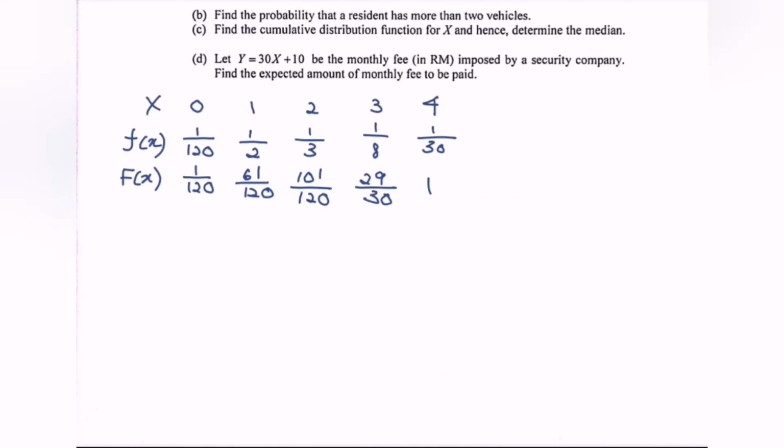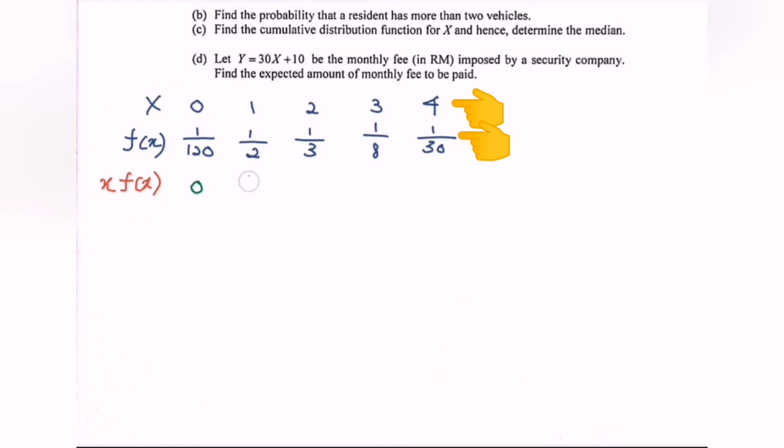D. Let y equal 30x plus 10 be the monthly fee in RM imposed by a security company. Find the expected amount of the monthly fee to be paid. This means that we're going to find the EX first, and only then find the EY. So the suggestion would be x multiplied with the fx. Next will be x squared. Next, kindly focus on the situation where we multiply: 0, 1 over 2, 2 over 3, 3 over 8, and 4 over 30.